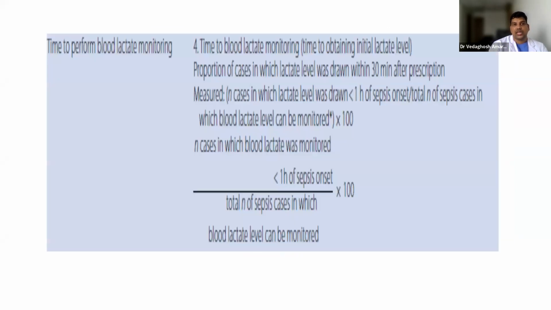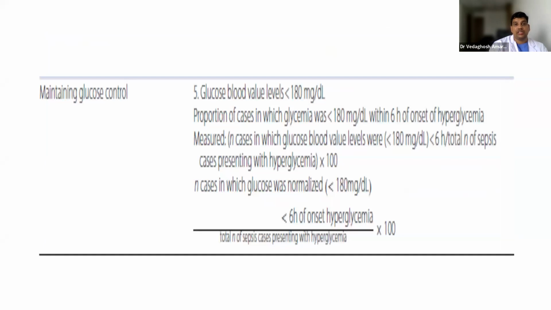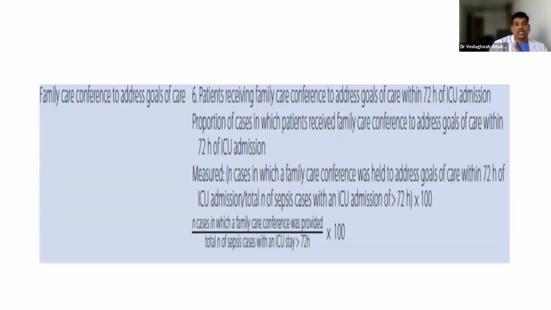And time to perform lactate monitoring, like patients in whom the lactate level was drawn within 30 minutes of prescription, is an important quality indicator. And maintaining glucose levels like 140 to 180 milligram per deciliter is also an important quality indicator. And family care conference to address goals of care. This is an important goal of care which has also been added in the 2021 guidelines.